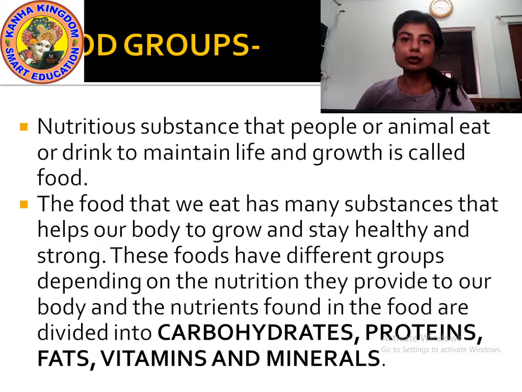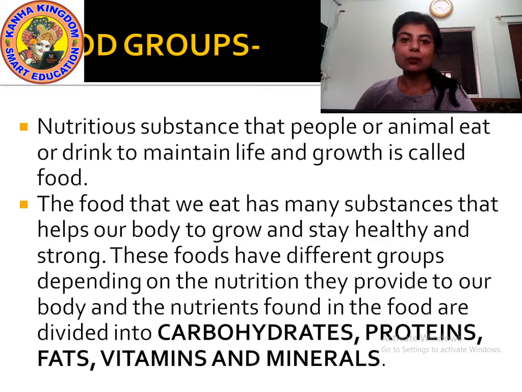And these food groups, depending on the nutrition, are divided into many different groups. Those are carbohydrates, proteins, fats, vitamins and minerals. So students, what are the groups of food? The groups of food are carbohydrates, proteins, fats, minerals and vitamins.